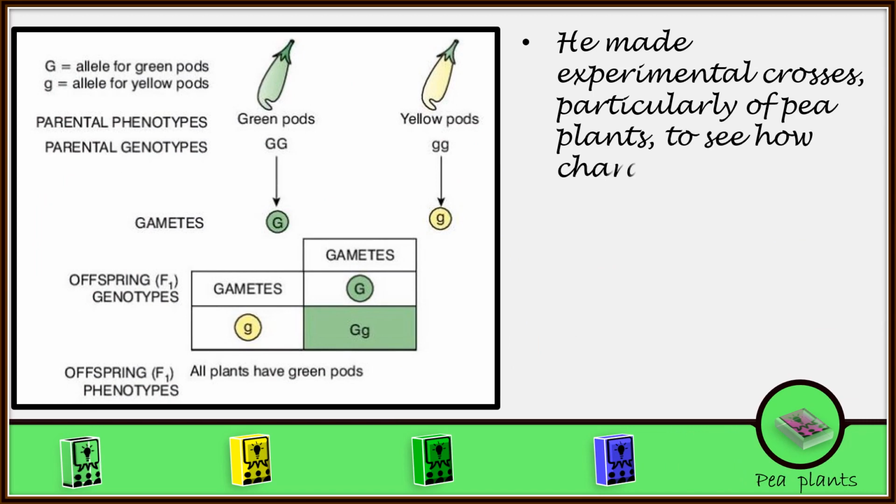He made experimental crosses, particularly of pea plants, to see how characteristics were inherited.